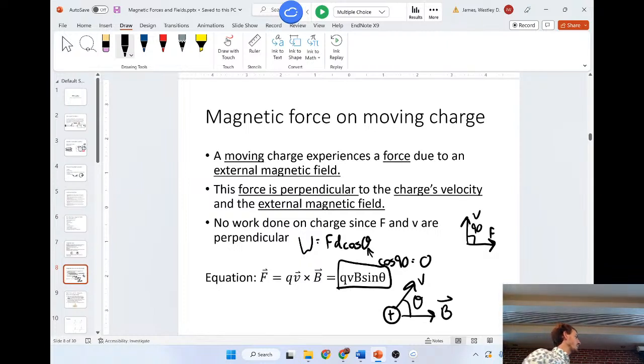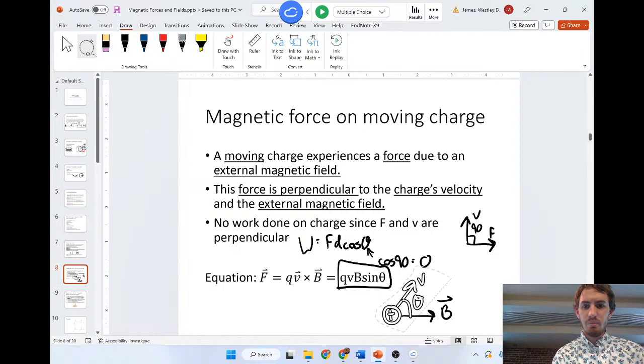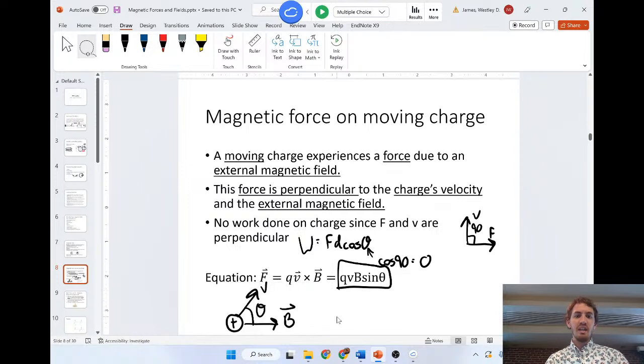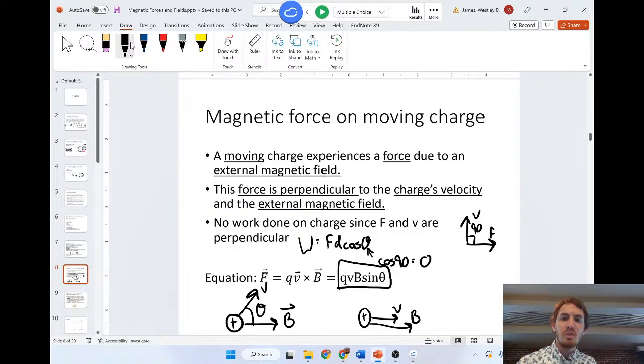I want you all to think real quick. Maybe I have a problem on this later on. Let's think ahead. If I have a charge that's moving to the right, and it's in a field that's also to the right, what is the angle between those?